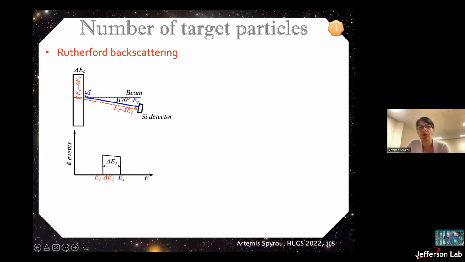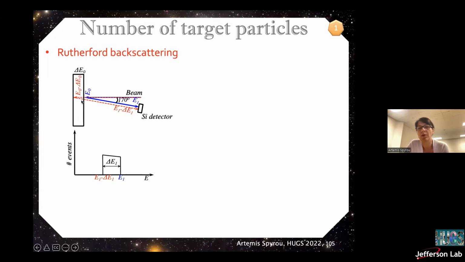So if your alpha particles interact with the front surface of the target, they would come back with a relatively high energy, and this would show up here on our scale. But if the alpha particles go through the target and interact all the way at the backside, they also have to travel through the target again, losing more energy, and then make it to your detector.